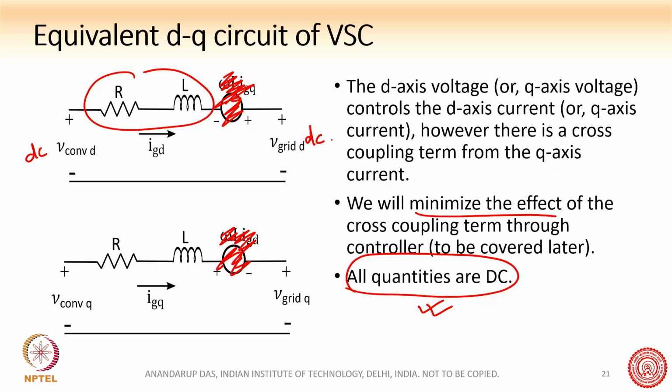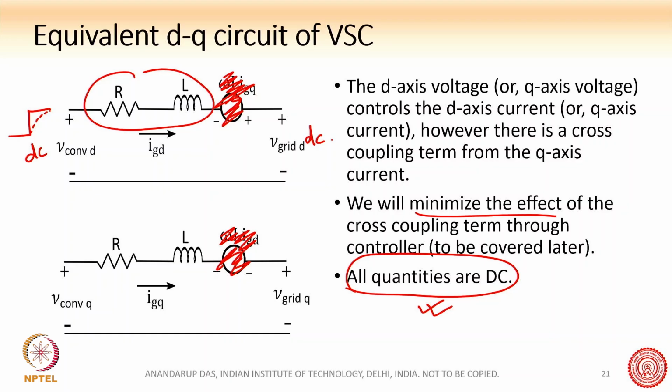So if I give a step input, I know what is going to happen, right? The effect is going to be a first order response. This is where we are heading towards, and we will see that exactly this is what is going to happen.